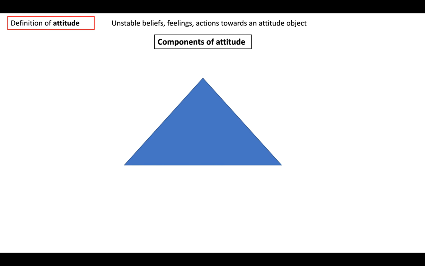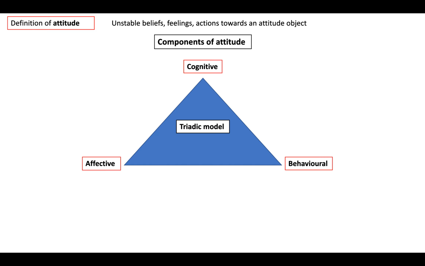And these three elements are depicted in this kind of triangular or triadic model. Okay, so the terms that are suggested are cognitive, affective, and behavioural. So this model has three elements: cognitive, affective, and behavioural.